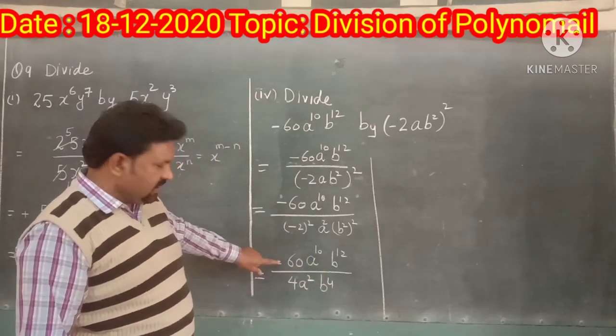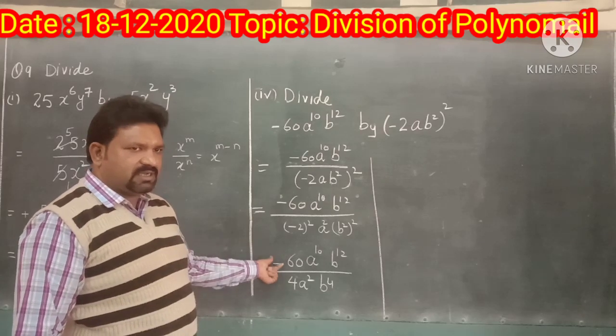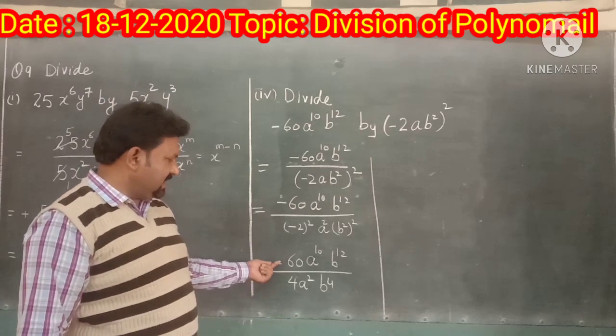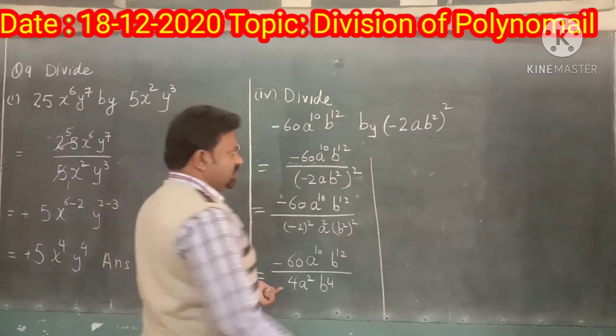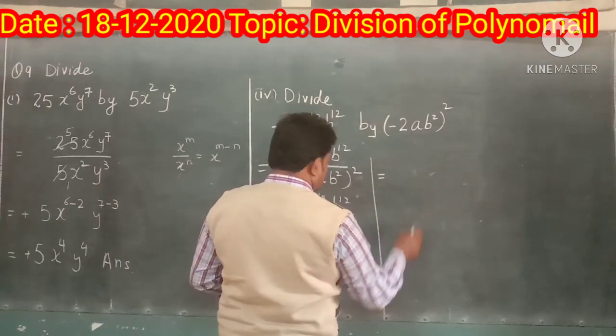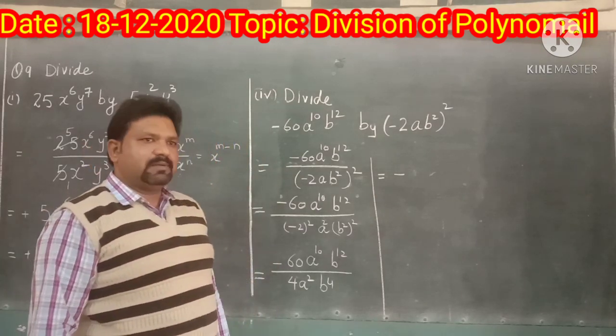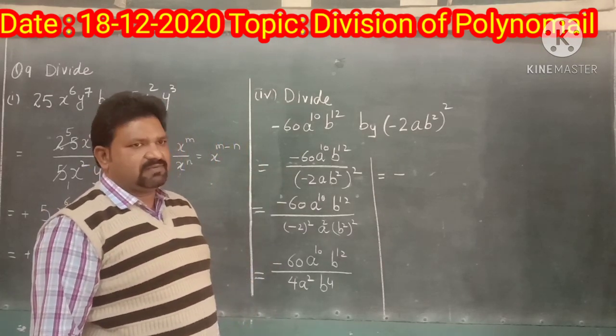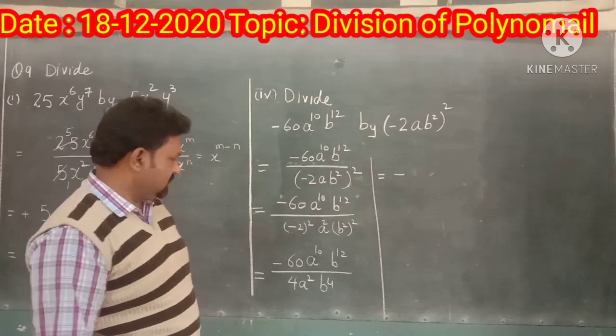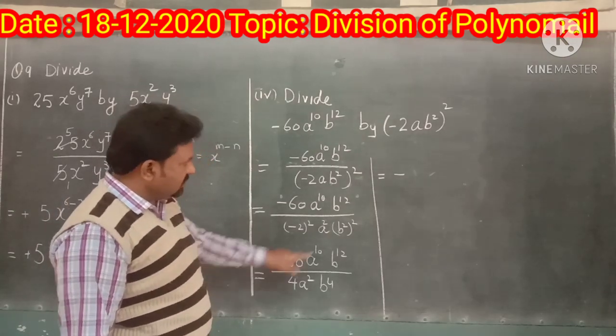So first we will check the sign of the numerator and denominator. So this one is a negative, this one is a positive. It means that the answer will come negative, because minus divided by positive, then the result will come with the negative sign.